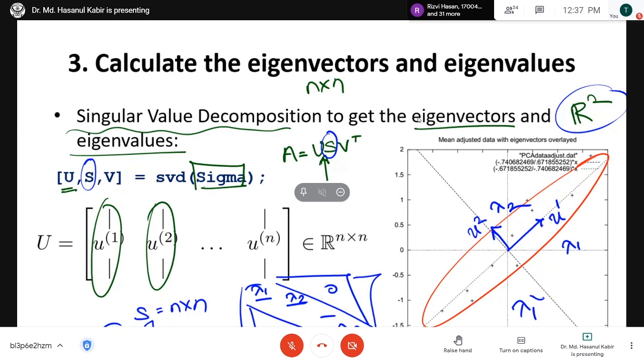Yes, sir. If you sort all those lambda values and plot them, don't you think it will look something like this? Let's say this is lambda 1, this is lambda 2, this is lambda 3, and in this direction we are plotting the magnitude of lambda, that is the value of lambda.